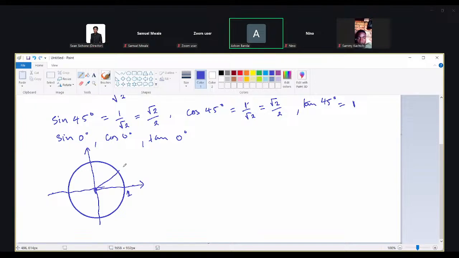So P is here. And then let's draw a perpendicular to the x-axis from P to the x-axis.